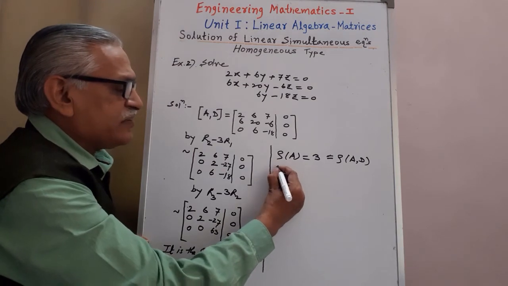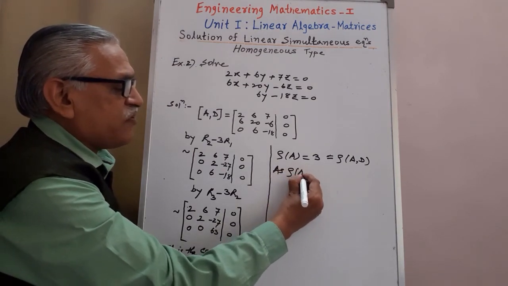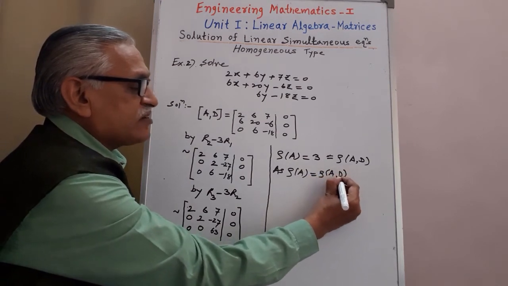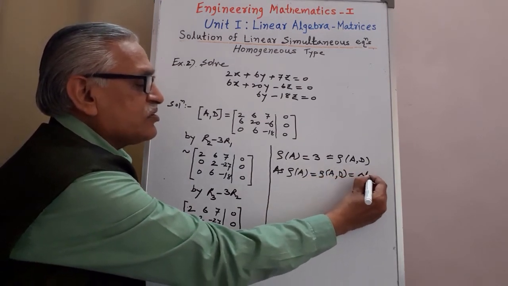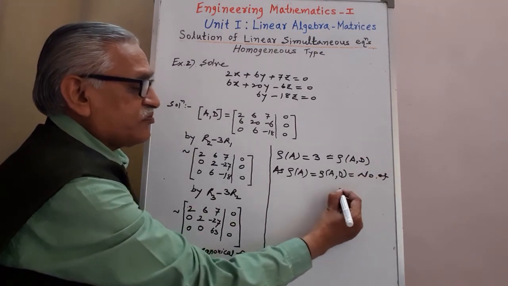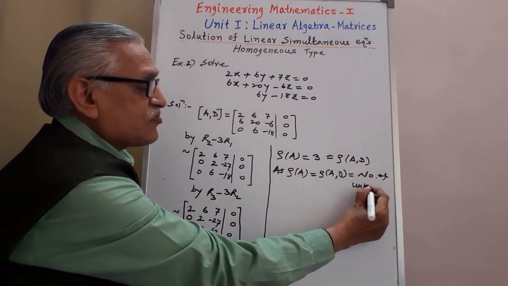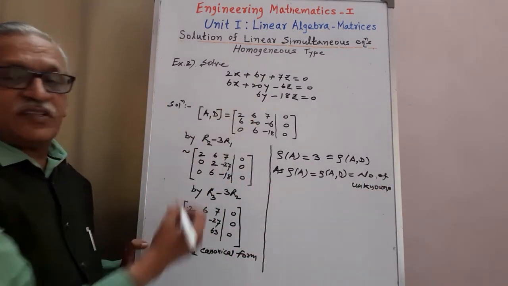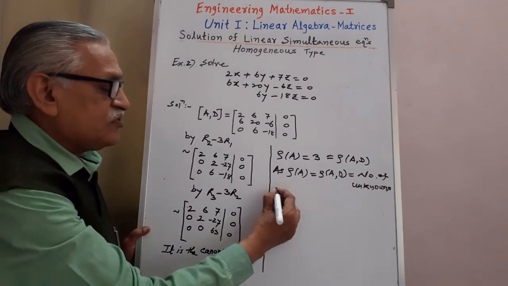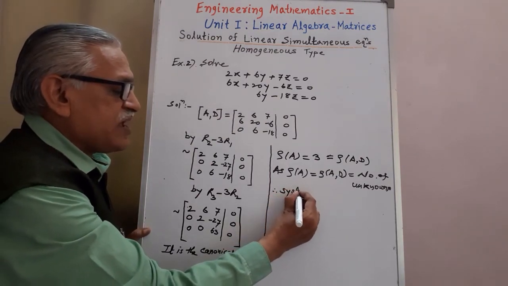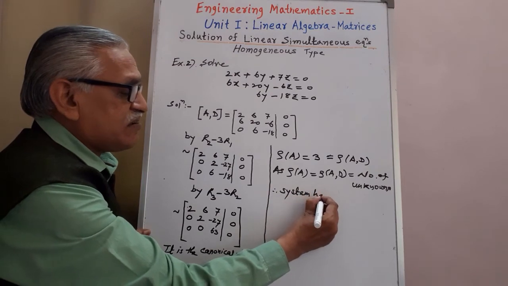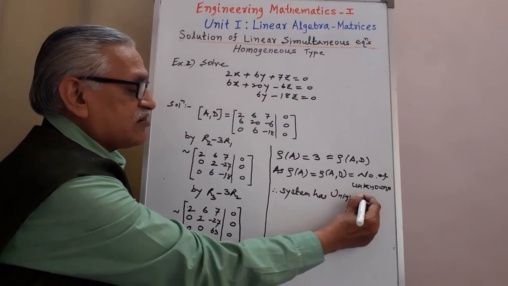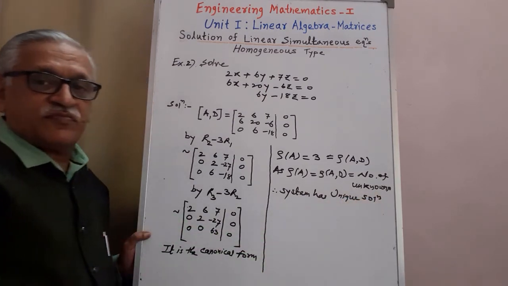And therefore, as rank of A is equal to rank of the augmented matrix and equal to the number of unknowns, here the number of unknowns is 3, the system has a unique solution.